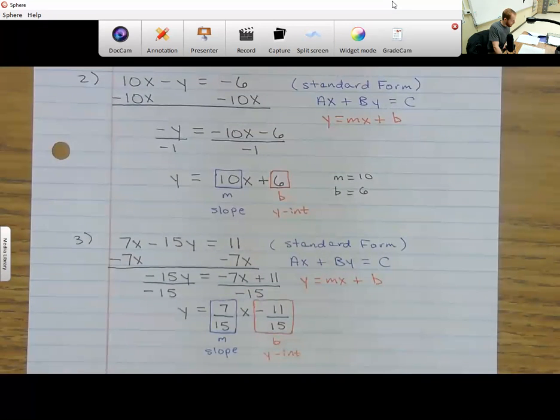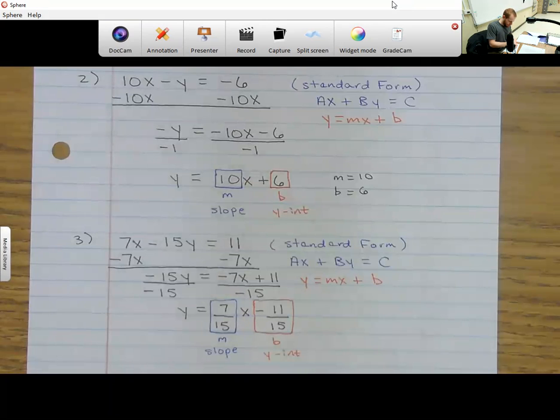And I think the last one we're going to do is number 4. So let me do number 4. And then the rest of these that aren't done, you can try them on your own for the problem set. And then we'll talk about your homework, the classwork. Okay, number 4.